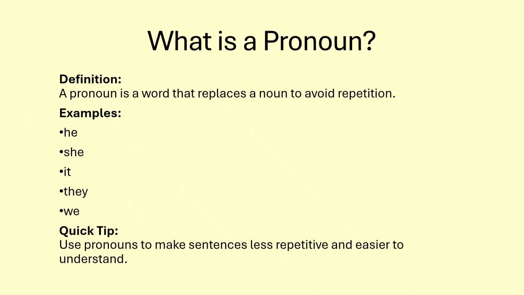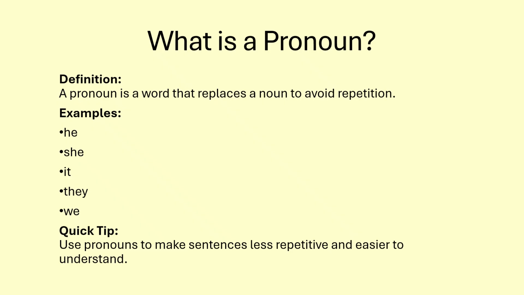Our third part of speech then in this brief video is a pronoun. A pronoun is a word that replaces a noun to avoid repetition. So if you were using a paragraph where John featured heavily, instead of using John multiple times, assuming John goes by the pronoun he, we could replace the noun John with the pronoun he in the paragraph.